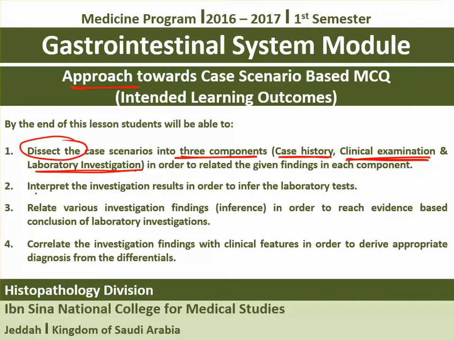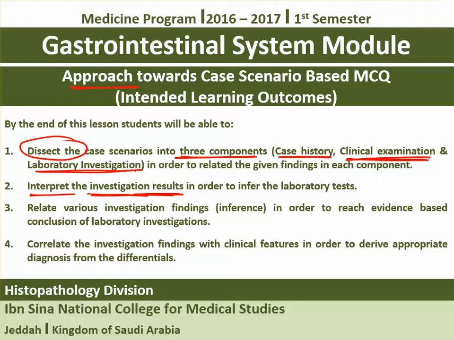after that you should be able to interpret the investigation results. Interpret means, for example, if the hemoglobin level is given, you should be able to interpret whether the hemoglobin is decreased or increased. Understand?